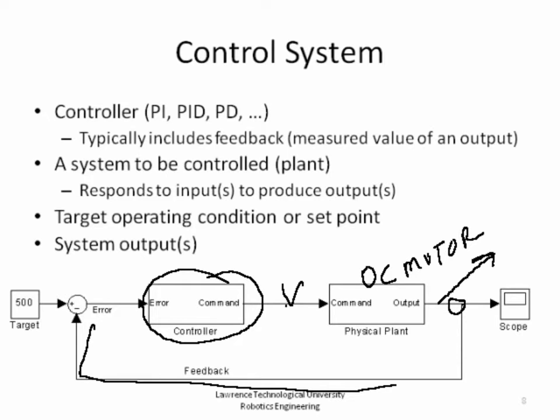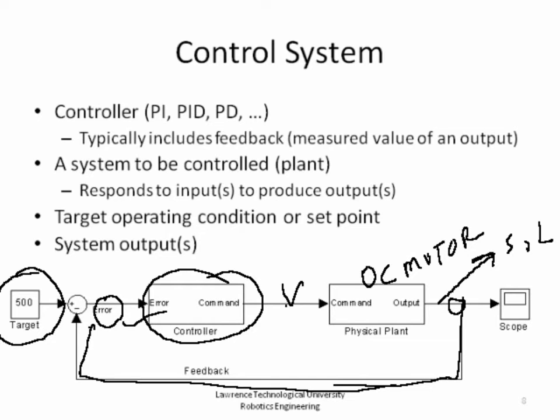In this example, our output will be the speed or the angle, and that gets fed back. We have a target operating condition or set point. Here our target is 500 RPM, and what we do is we take the target, the speed we want to travel at, we subtract the measured output speed, okay, and we get an error.